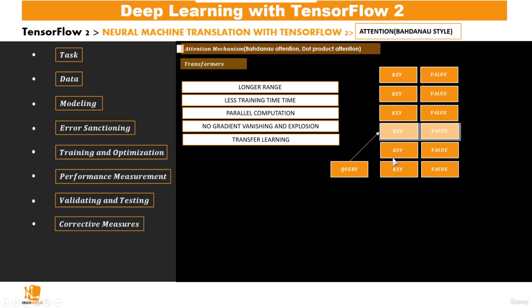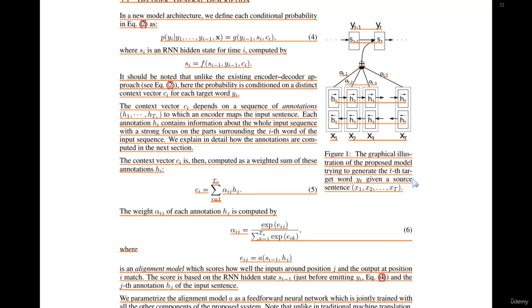We could compare this with the attention mechanism, where the S_{i-1} that we have right here is seen as the query, and then the h_js are seen as the keys, and the h_js which are used to obtain the context are seen as the values.